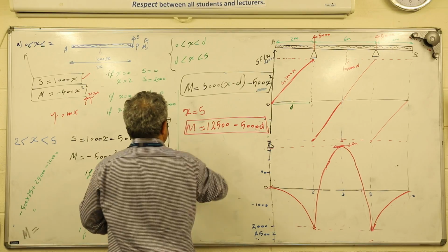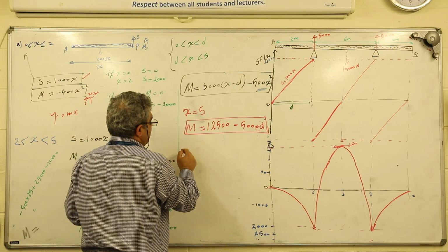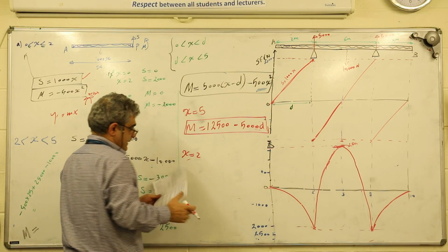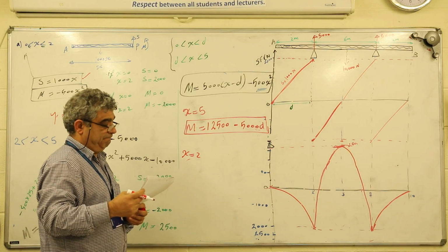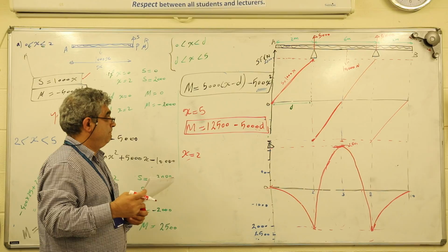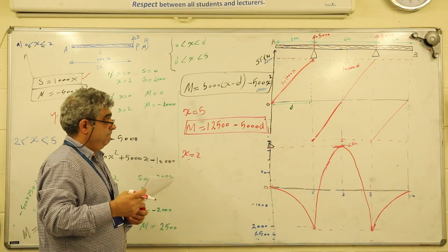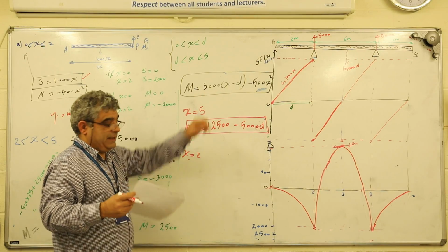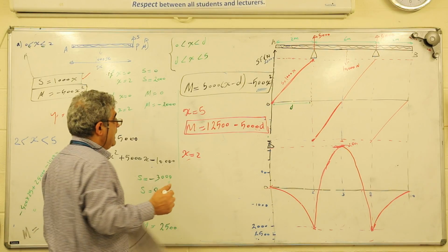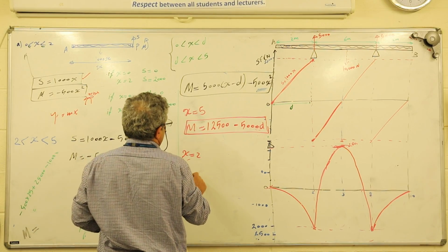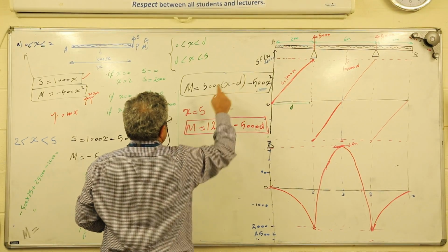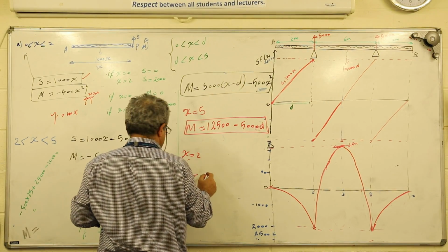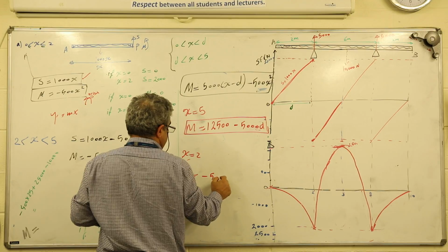So that's for positive. For the negative it would be x is equal to 2. Can I say that? Yeah. If I put a 2 in here, what would it be? Can I say M is equal to? Put a 2 in here and solve it, I think it becomes minus 500.